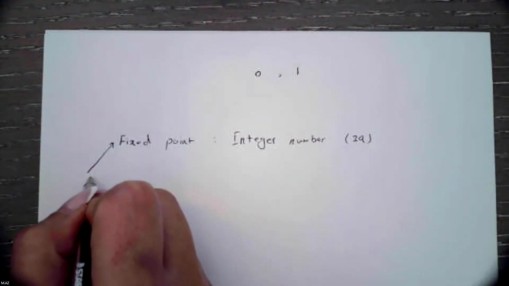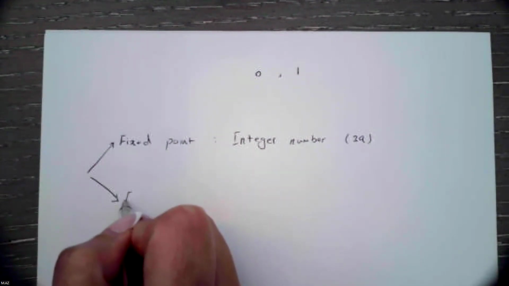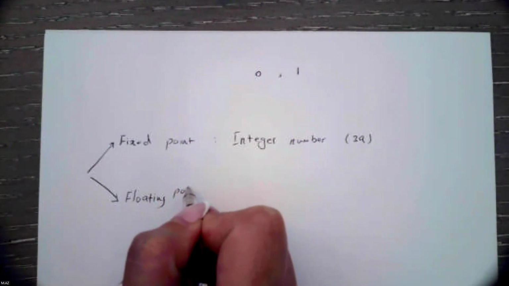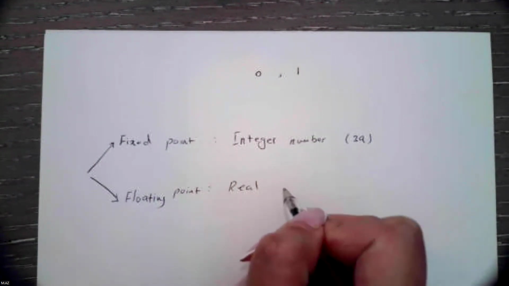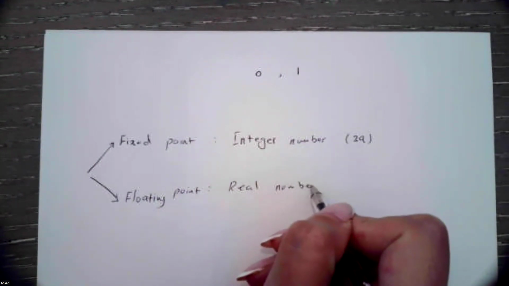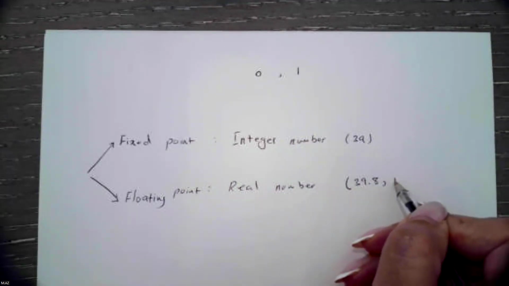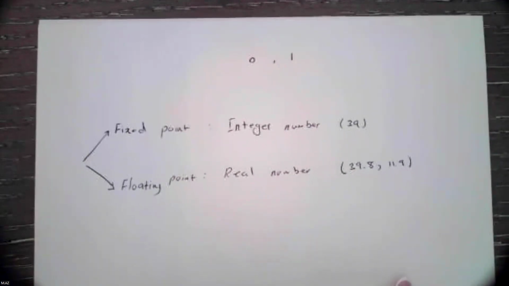The second type of number is called floating point. This is for real numbers, such as 39.8, 11.9. Okay, these are the two categories for storing a number on a computer.